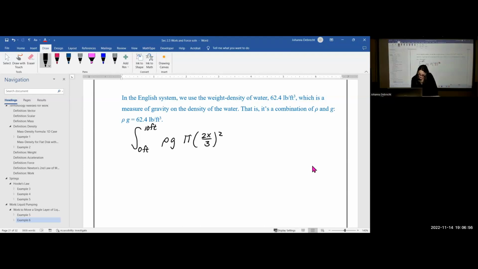We got 4/9 x squared pi. And then we have to multiply by the distance through which it's moved, the 15 feet minus x dx, right? So go ahead and pause the video, work out the calculus, and then turn the video back on, and we'll compare what we got.